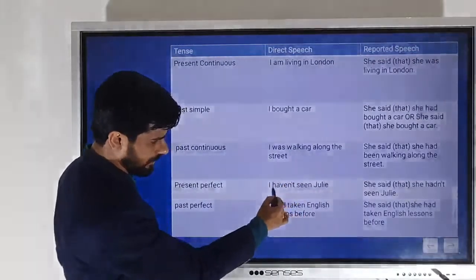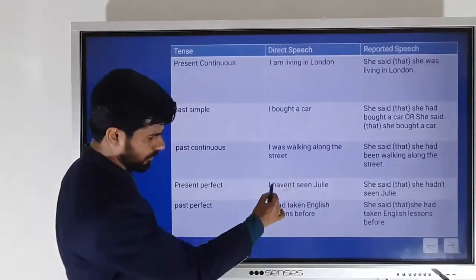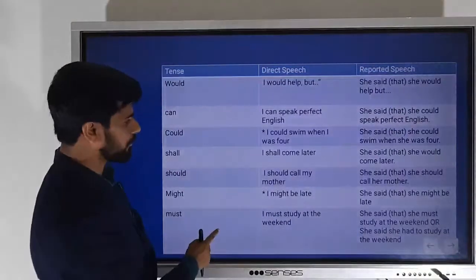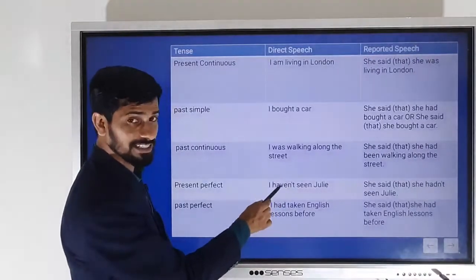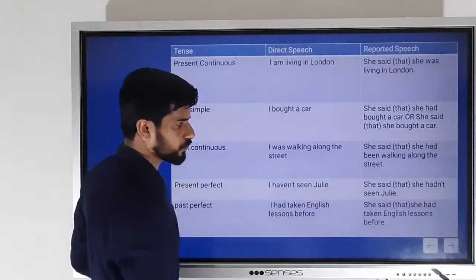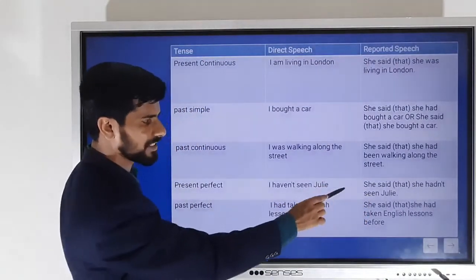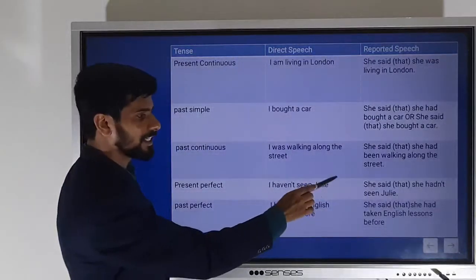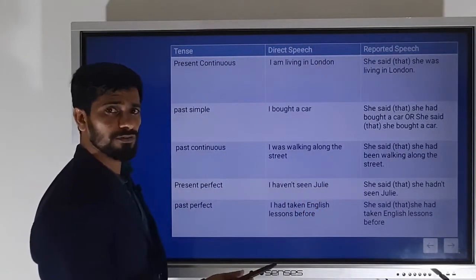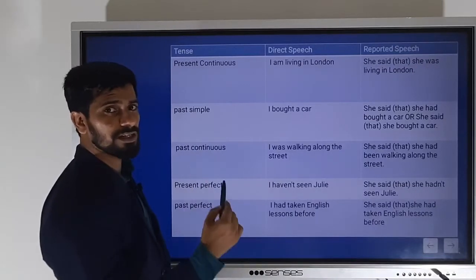The word haven't denotes, from habit we can understand, that this is in present perfect tense. So we will convert it into past, making haven't into hadn't. She said that she hadn't seen Julie. And past perfect, of course, is past perfect itself.